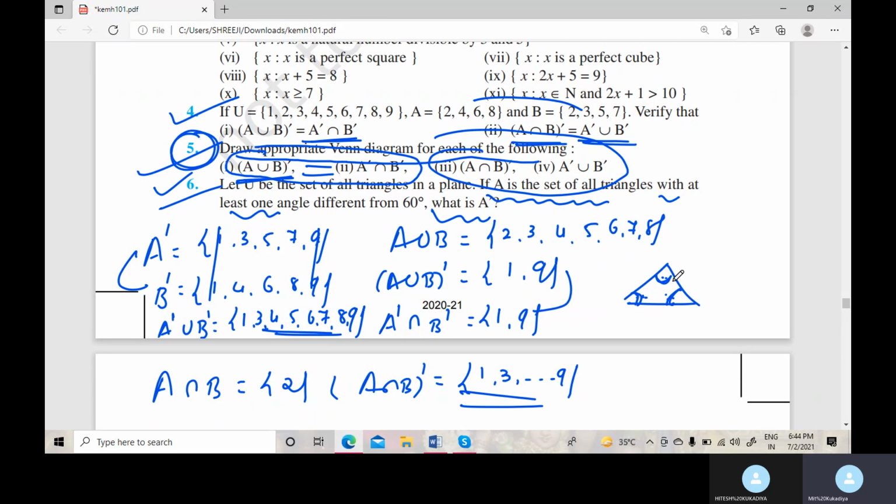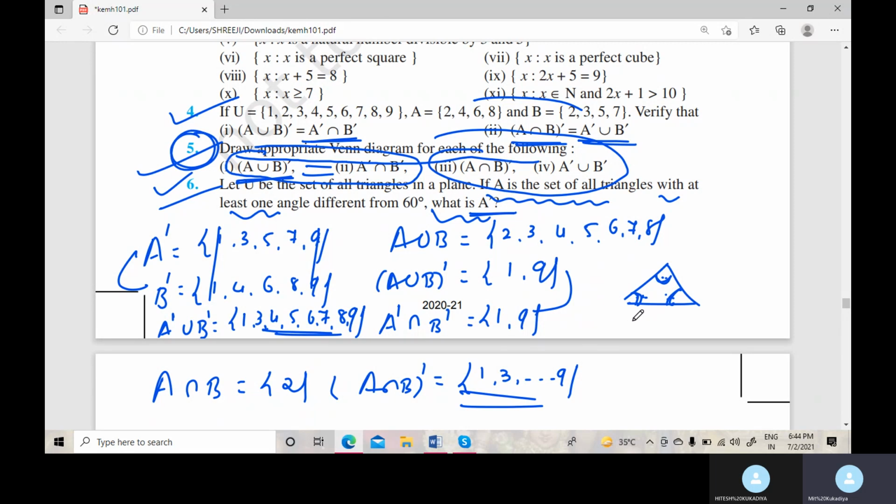So its complement is: all the angles are 60, right? So A dash equals the set of all equiangular triangles, otherwise the set of all equilateral triangles. Is that clear? It is our complement of A.